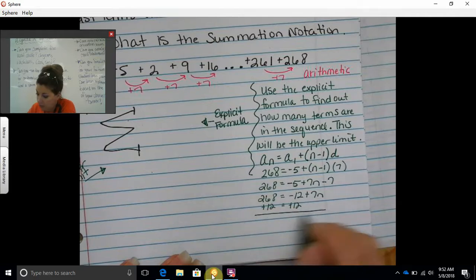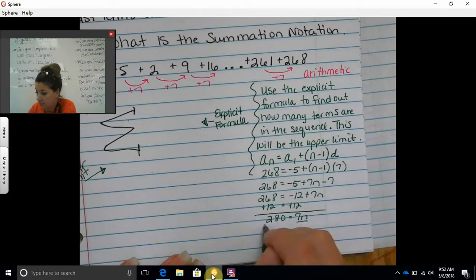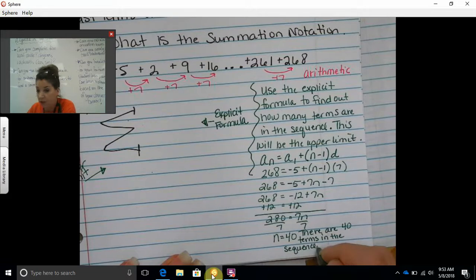And that gives me 280 equals 7n. Divide by 7, and n equals 40. There are 40 terms in the sequence. Therefore, 40 is my upper limit.